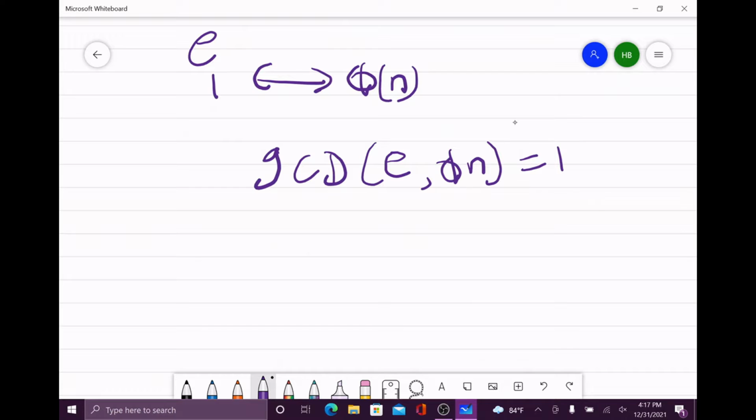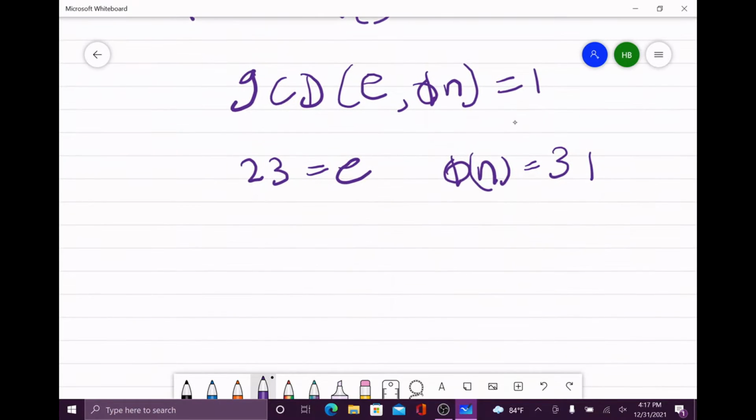For example, let's say we have 23 as E and we got phi(n) as 31. These are just for the example, these values might not be correct.